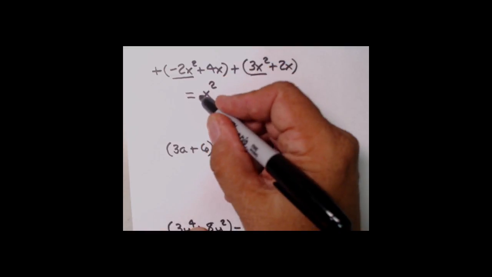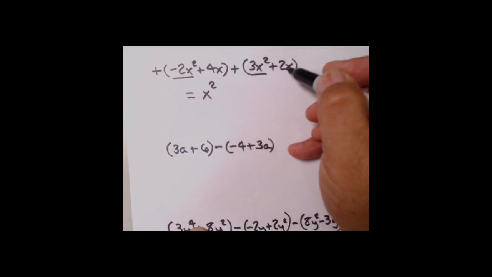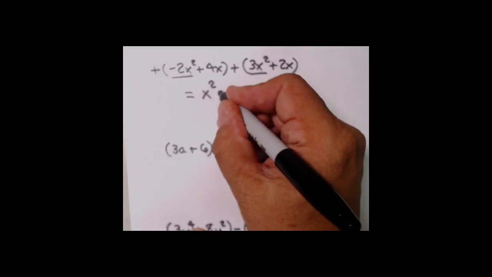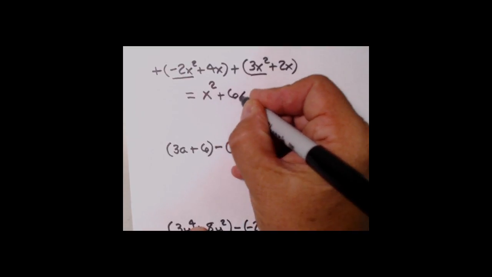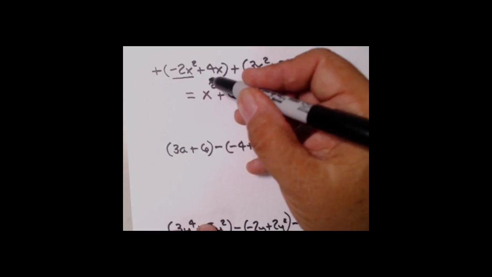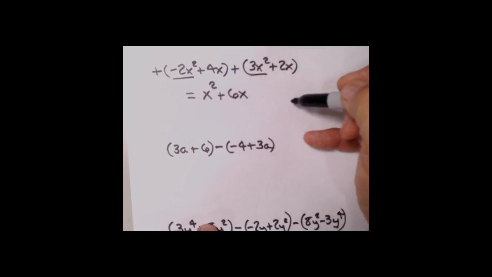You could put the plus 1 if you want, but folks will assume that. Okay, the terms that are x to the first power, plus 4 plus 2 more, that's plus a total of 6x. Now notice, we did write this in descending order. Highest power of x first, x to the first power, there's nothing else to do, so there we are.